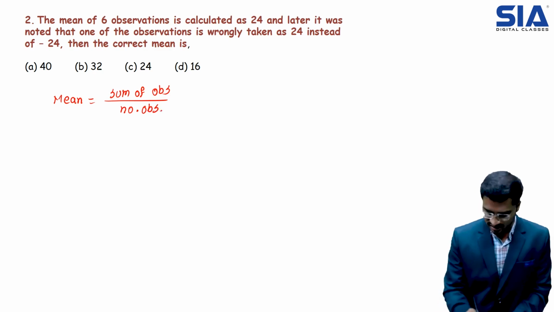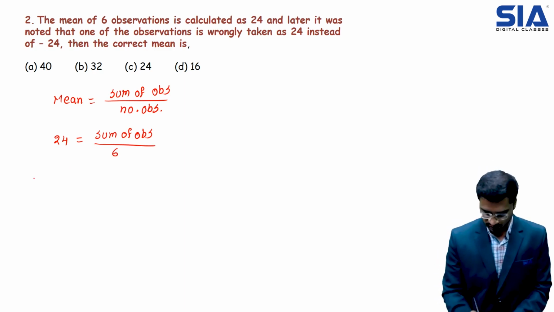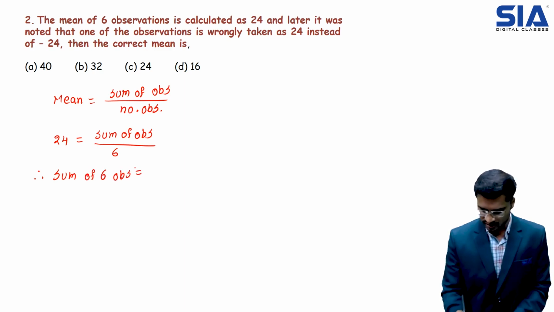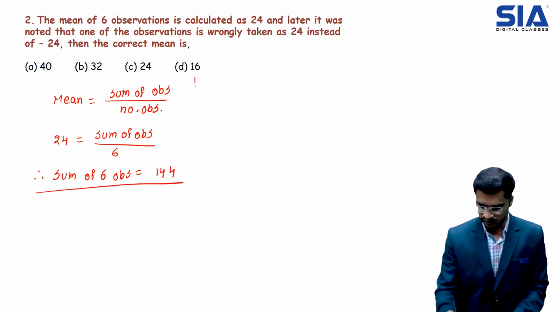Given that the mean is 24, that is equal to the sum of observations divided by 6 observations. From this I can say that the sum of 6 observations is 24 multiplied by 6, which is 144.